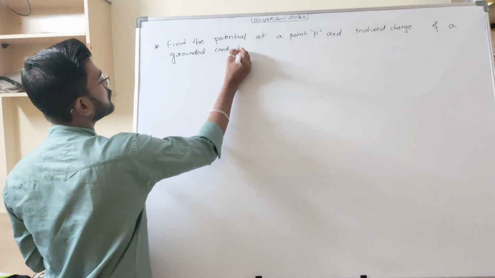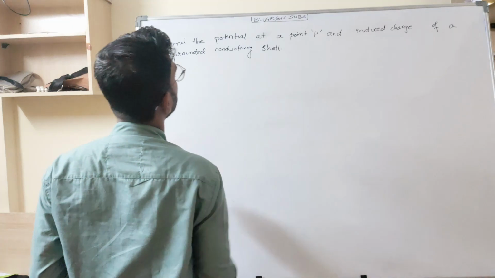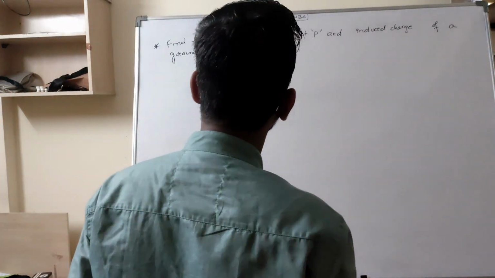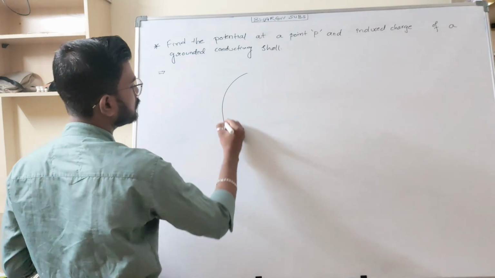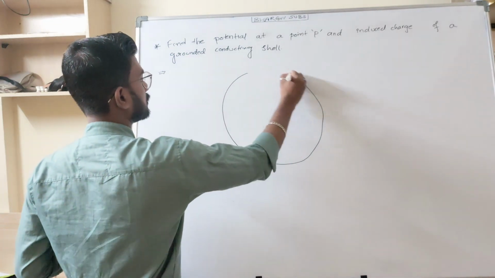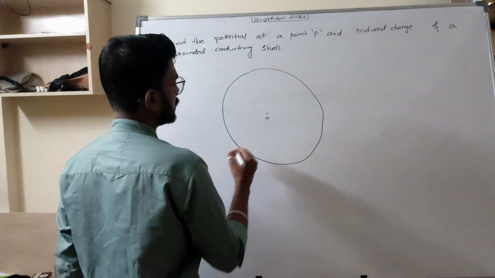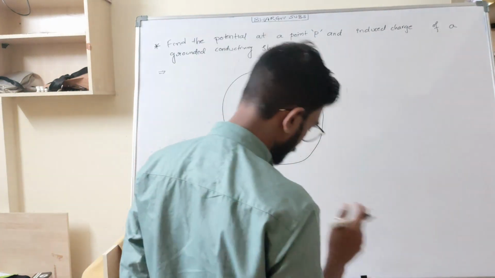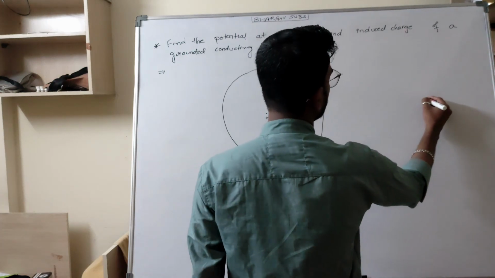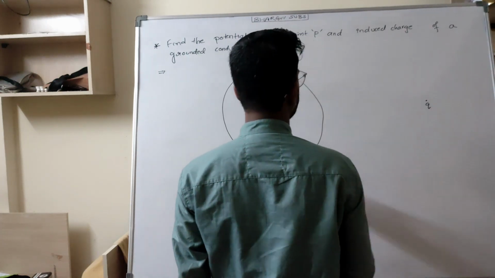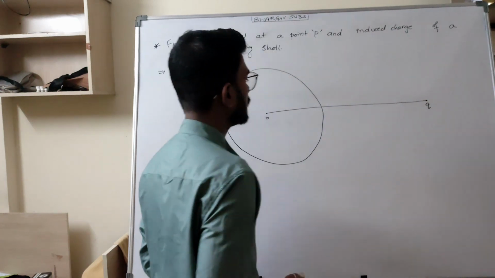So this is the example. I am taking a grounded conducting shell. This was the center. I am taking a point charge outside the shell, and I am joining these two points.